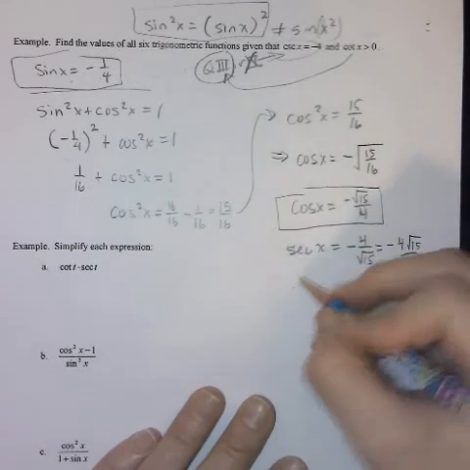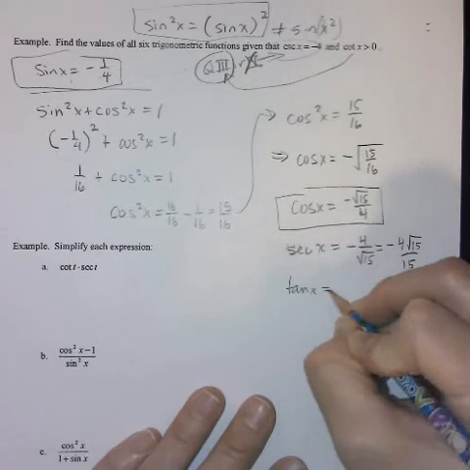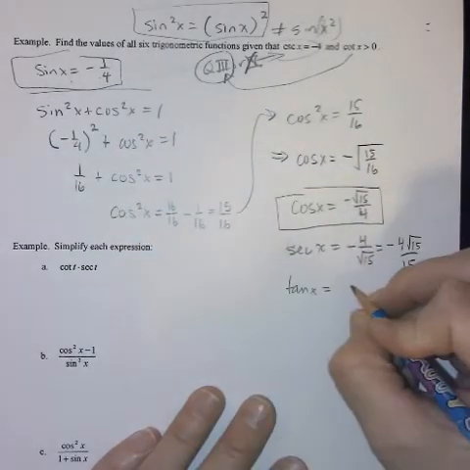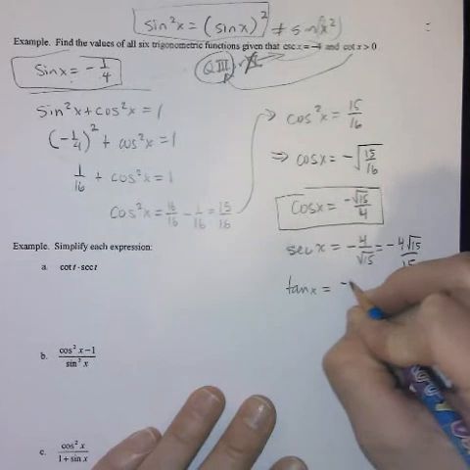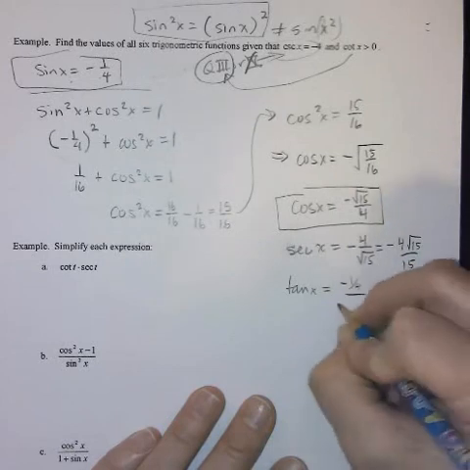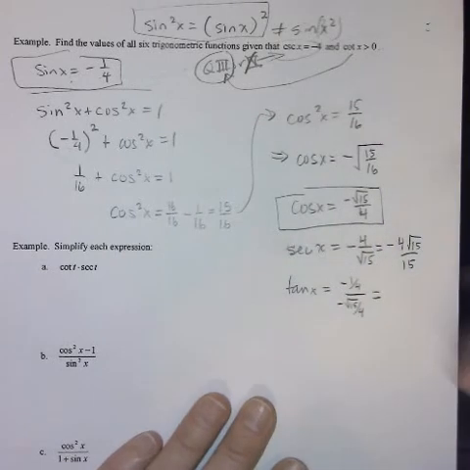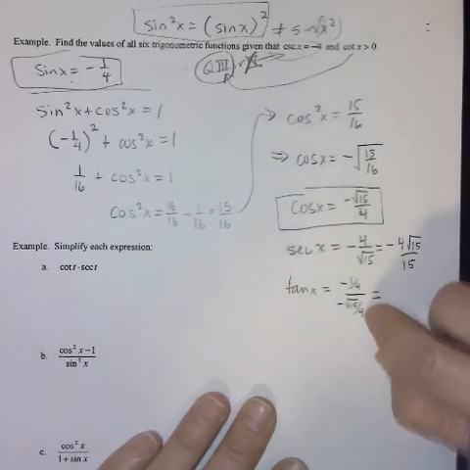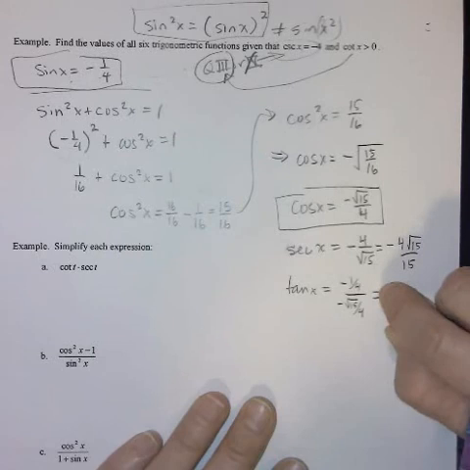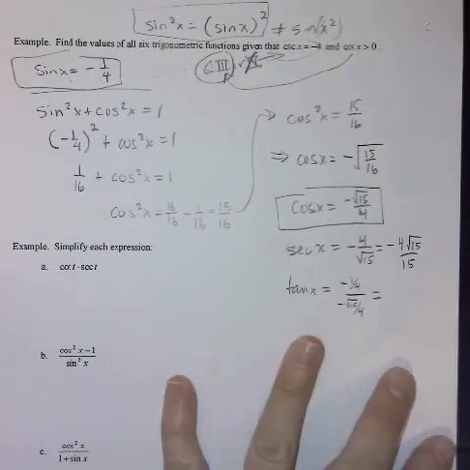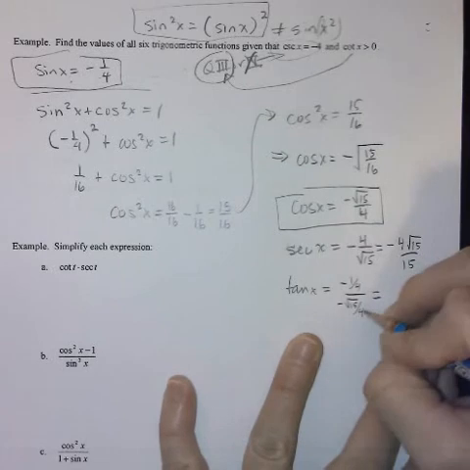And then tangent of x will be the sine over the cosine. So -1/4 over negative square root of 15 over 4. So when you divide by this fraction, you're multiplying by the reciprocal. And the shortcut is you're just going to end up canceling these denominators, right?